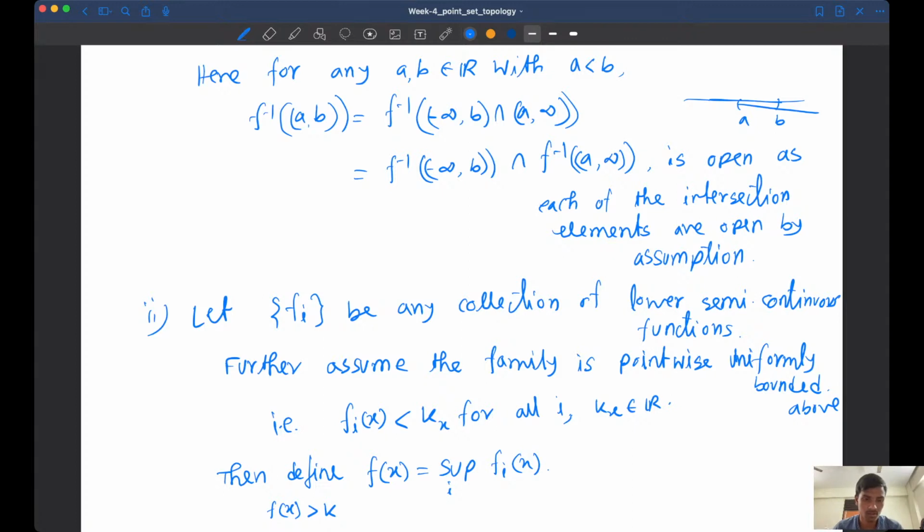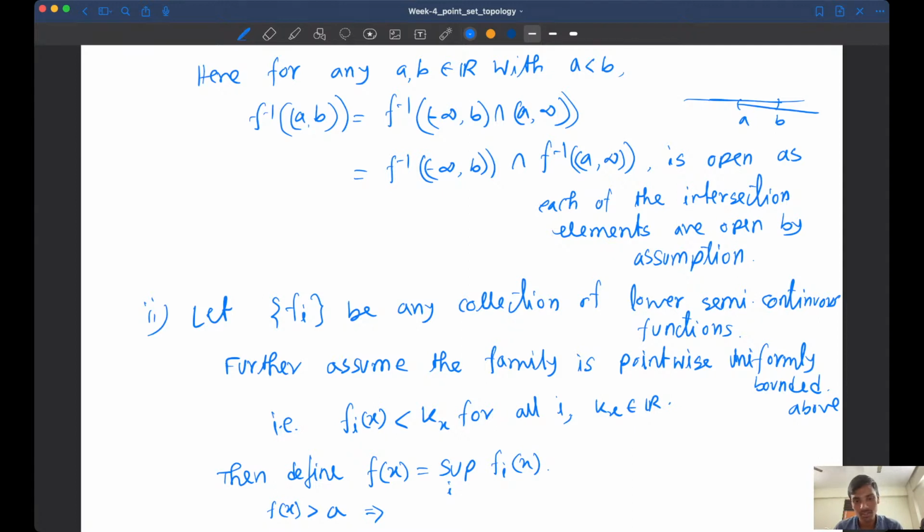Since f(x) is the supremum, it is the least upper bound, right? Anything smaller than the supremum cannot be an upper bound. That's the definition of supremum, right? So anything smaller than that cannot be an upper bound for all these f_i.